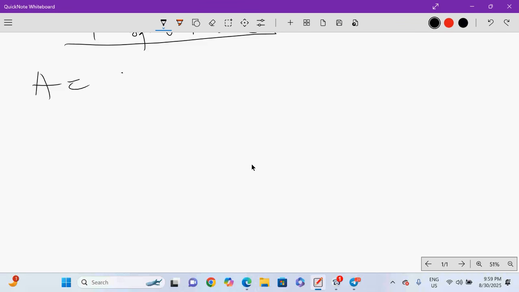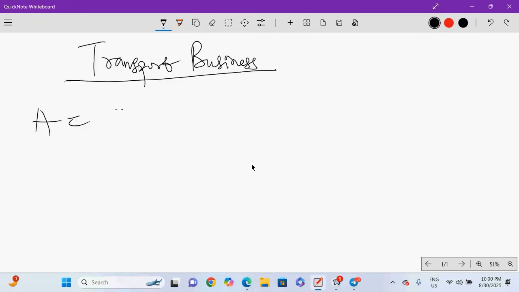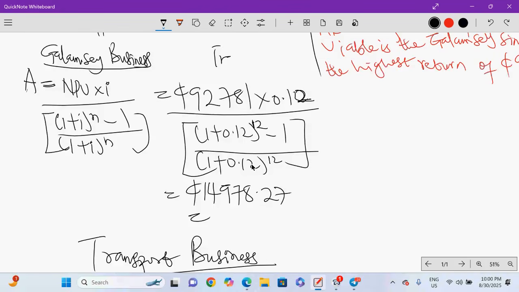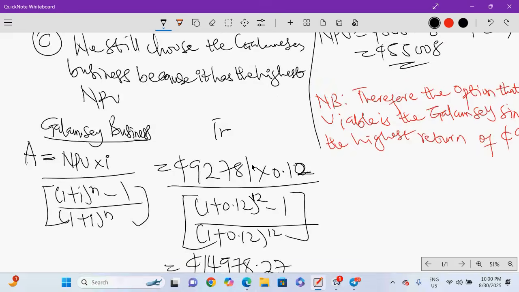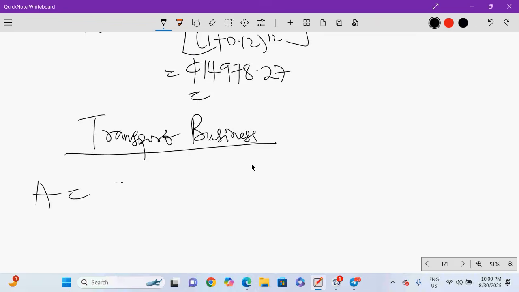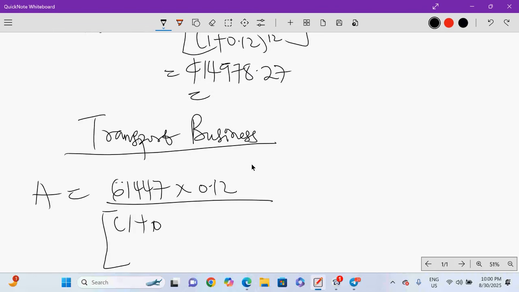The NPV is 61,447 times 0.12 over 1 plus 0.12.